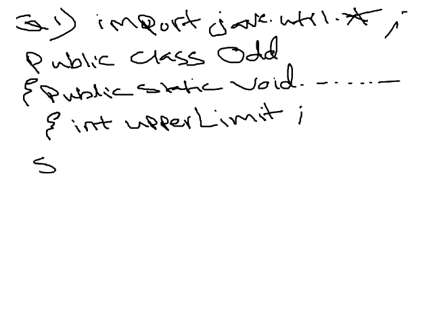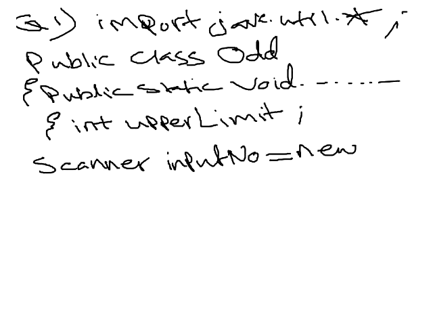So then we'll do the scanner. So let's say scanner and call it input number. Input number equals new scanner. I'm going to continue at the bottom because I don't have space.